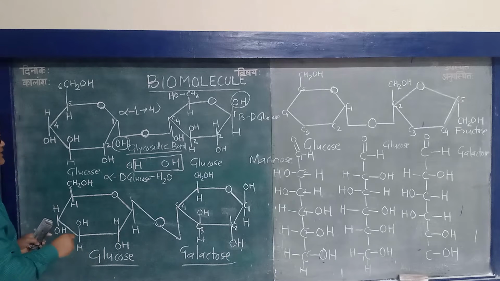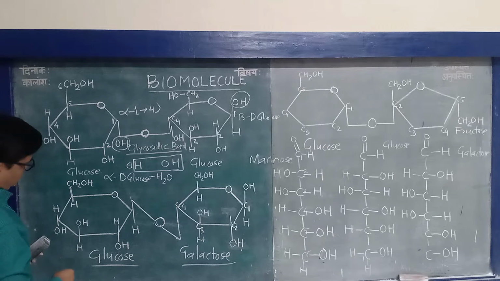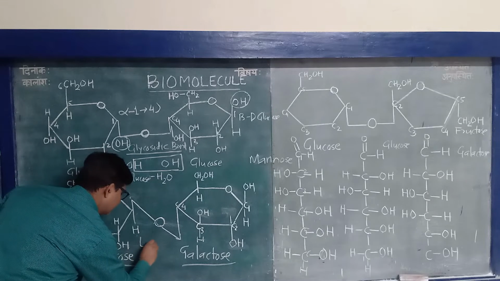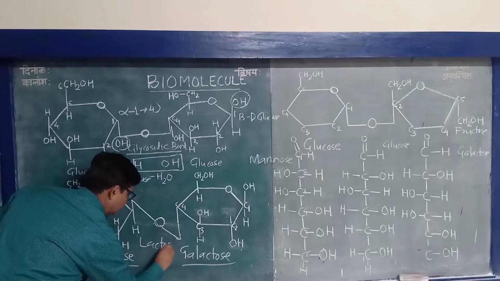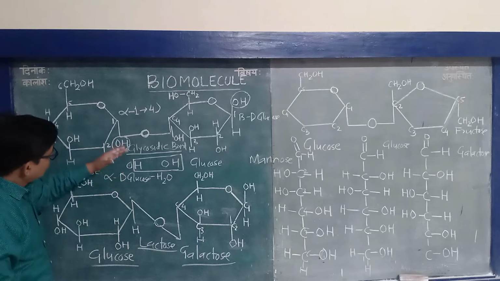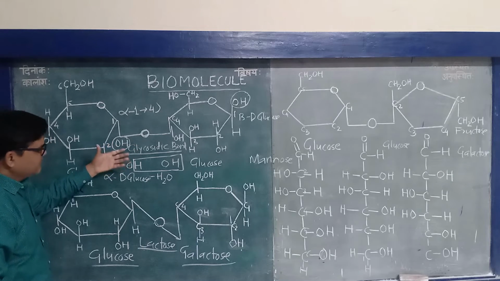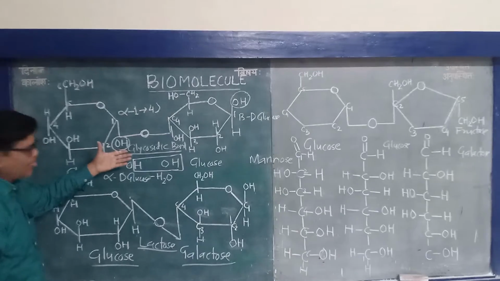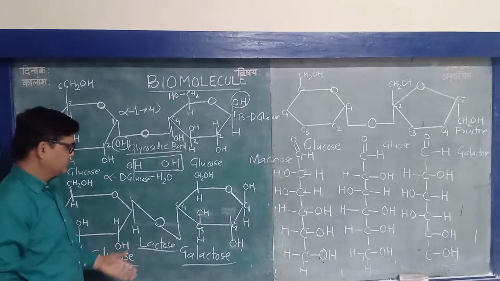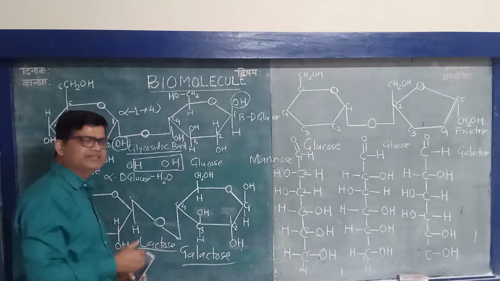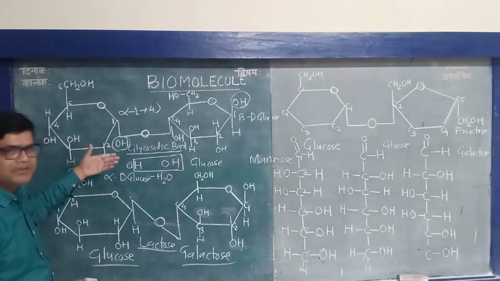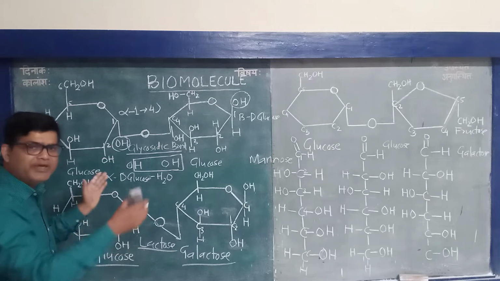Now I am going to discuss the next disaccharide, that is lactose. Maltose is generally present in malt, that is barley, and lactose is generally present in milk. In many competitive exams, they generally ask to give two examples of disaccharides and what the monomeric unit is.